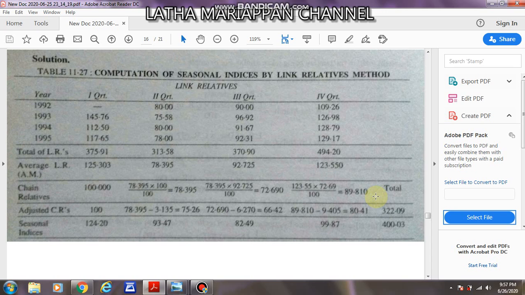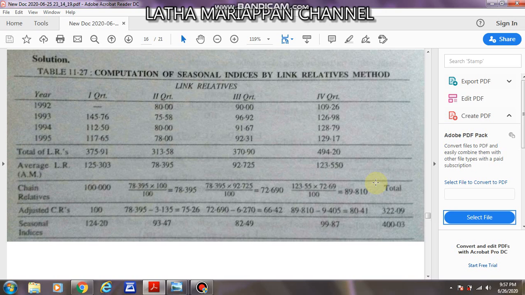Multiply these two values and divide by 100, then subtract that value from 100, so you will get 12.54.